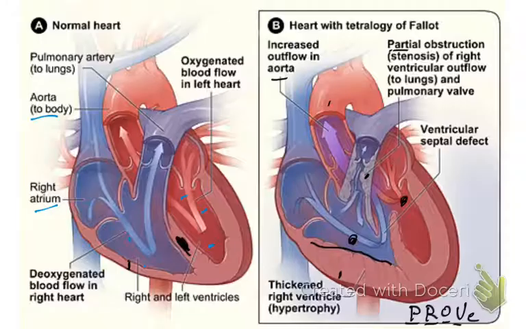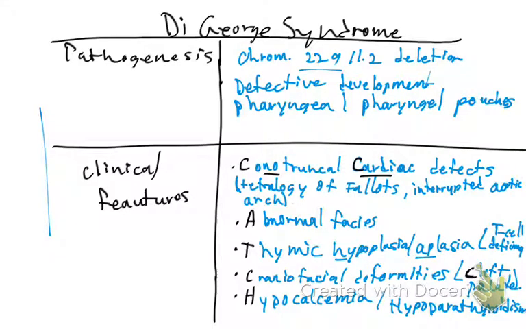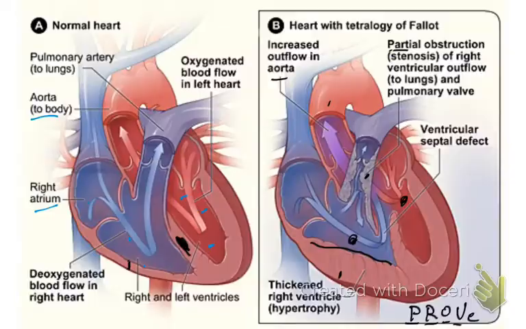So in the facial features, we saw in the table that the patient can have craniofacial deformity, cleft palate, or abnormal facies. But let's go a little bit deeper and give some more information. Those are dysmorphic facial features, and what does that include?